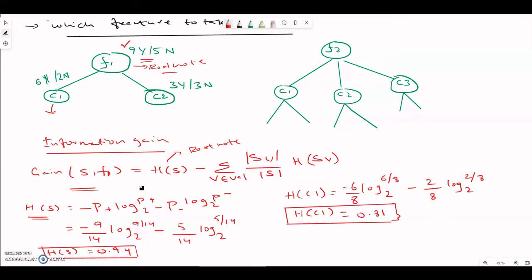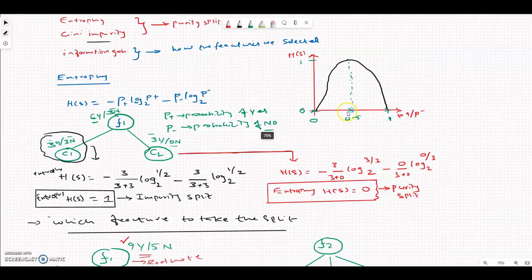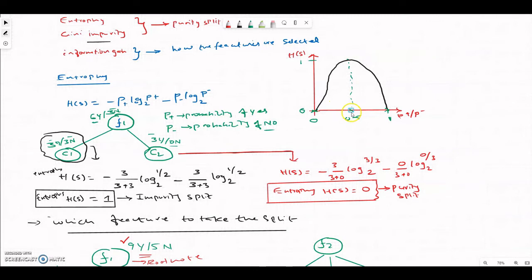Now we have another one, which is category 2. By looking at it, we can simply say that it has a 50% probability. We have already drawn our entropy graph, so when we have 50% probability, the entropy is 1.